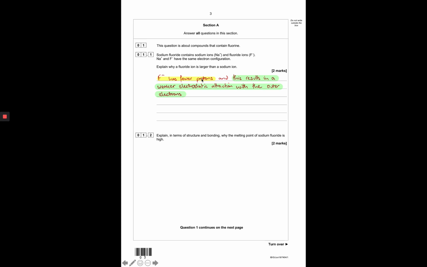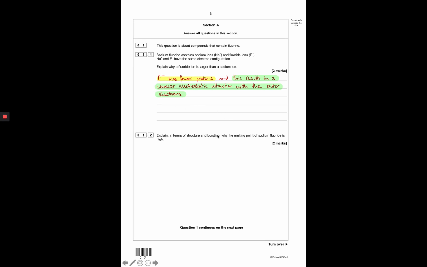So if it has fewer protons but the same number of electrons, then we've got a weaker electrostatic attraction with the outer electrons. Please always, if you use the word forces, make sure you include attraction. If you use the word electrostatic, make sure you use attraction. And this is a comparative word: it is weaker.